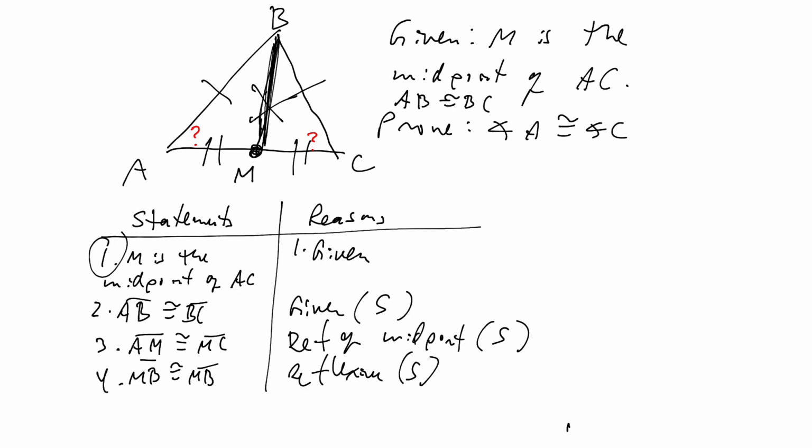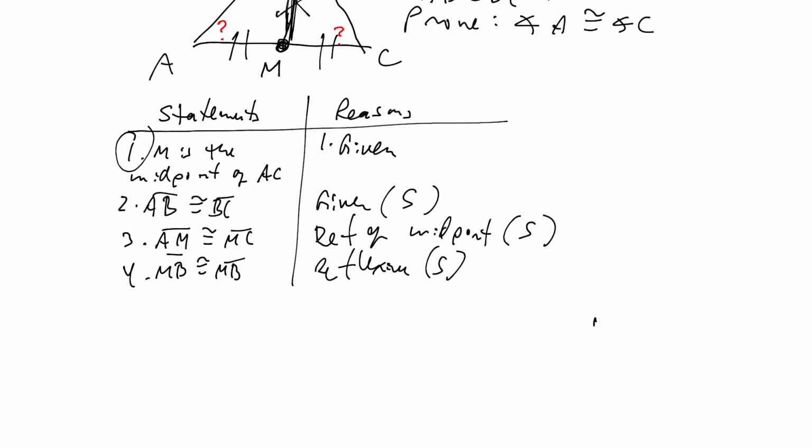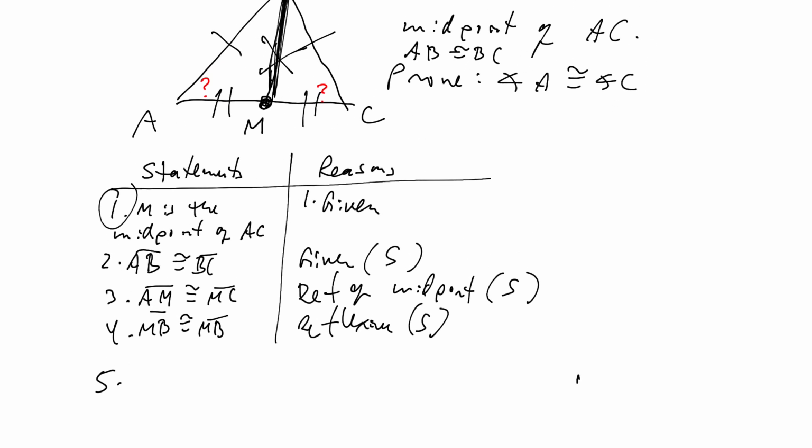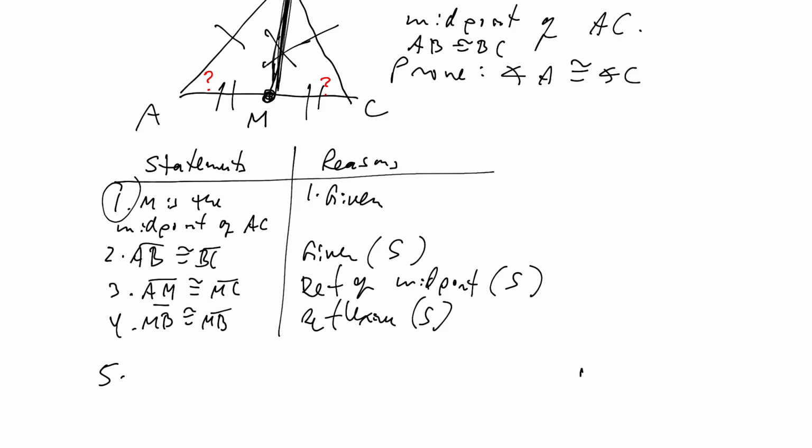Now for step 5, I can say triangle AMB is congruent to triangle CMB. That's by SSS. And now that I have the triangles congruent, it's pretty much always the step right after.